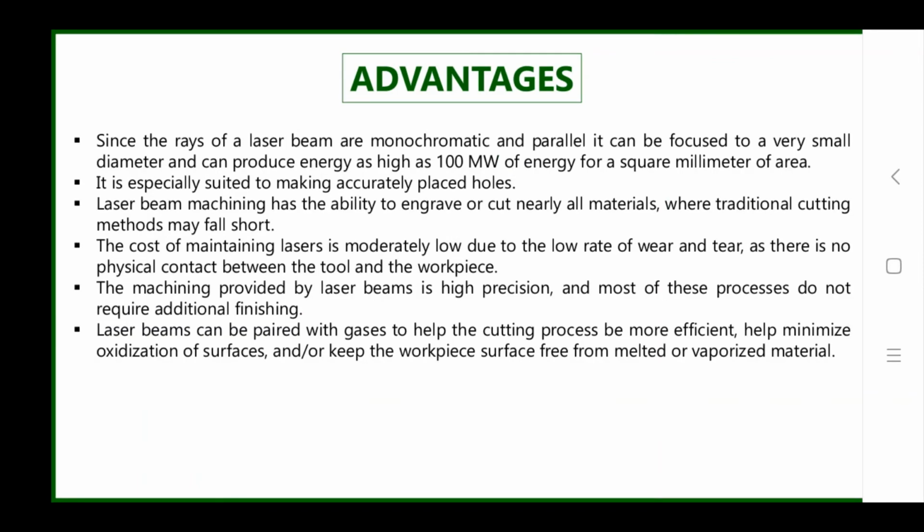Now I will discuss some advantages. Since the rays of the laser beam are monochromatic and parallel, it can be focused to a very small diameter and can produce energy as high as 100 megawatts per square millimeter of area. It is especially suited to making accurately placed holes. Again, laser beam machining has the ability to engrave or cut nearly all materials where traditional cutting methods may fall short.